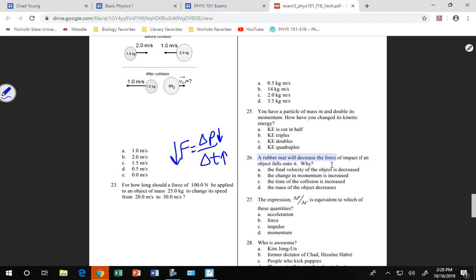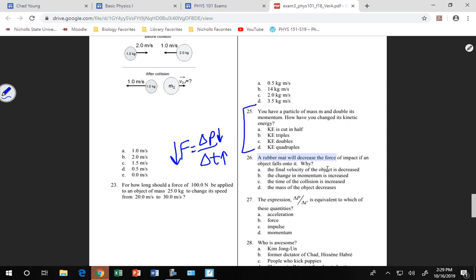Your velocity is what your velocity is. But you can change the time over which the impact occurs. So you make delta T go up, and that makes the force go down. And the rubber mat is the same. If I drop something onto a rubber mat, say an egg, when it hits the rubber mat it slows it down, and the impact occurs over a longer amount of time.